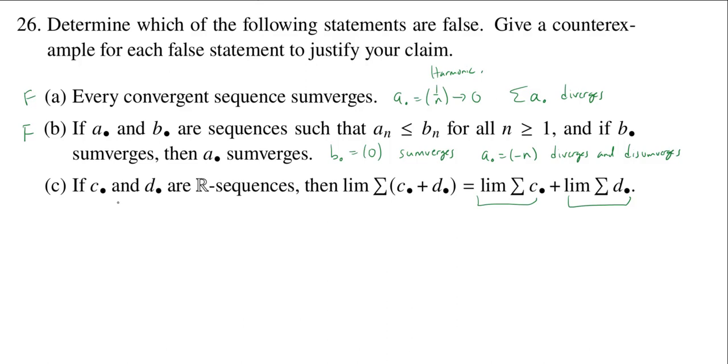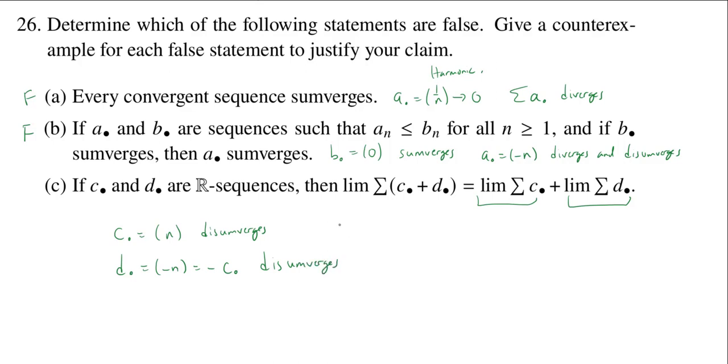Because what I could do, I could take C to be the sequence n. And of course, this doesn't converge at all. So it definitely diverges. And then I could let D be the negative of n, right? This is just negative of C. This also diverges.